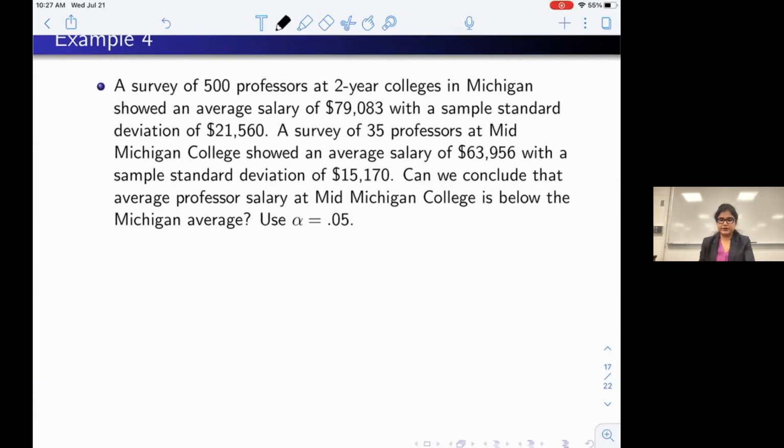Now we have two groups. One group is 2-year colleges in Michigan overall, and the second group is our Mid-Michigan College. So my first group, now I have to collect the information.